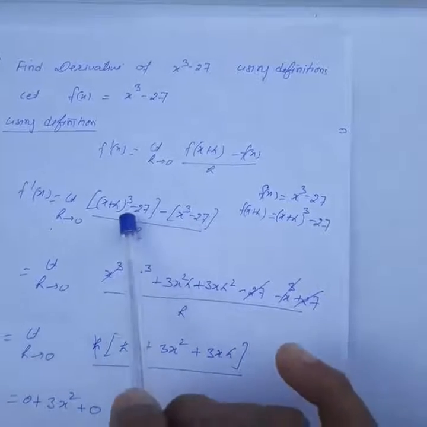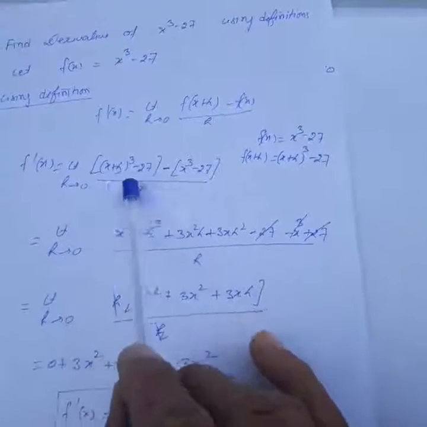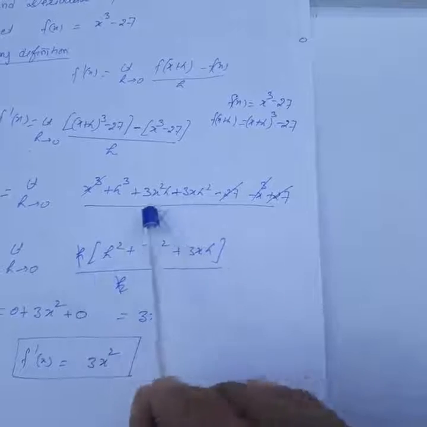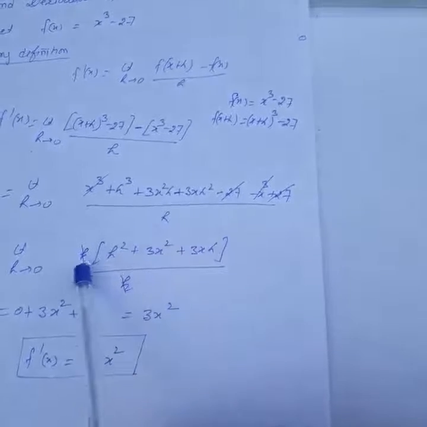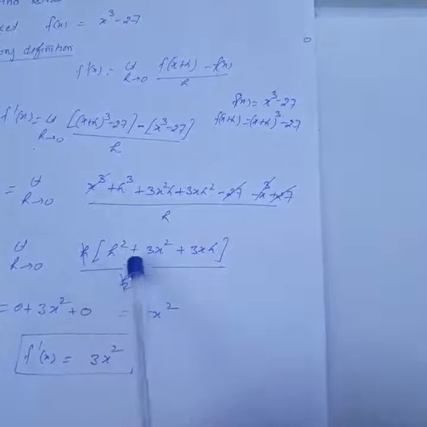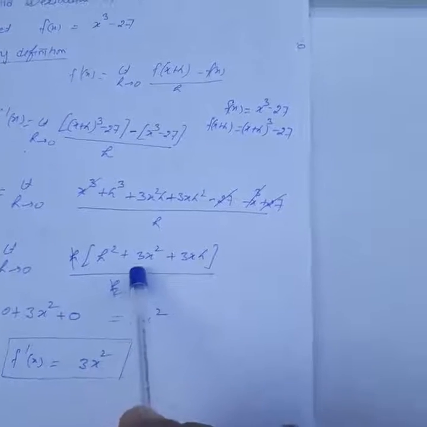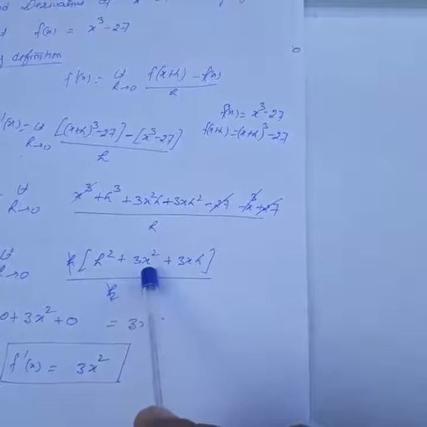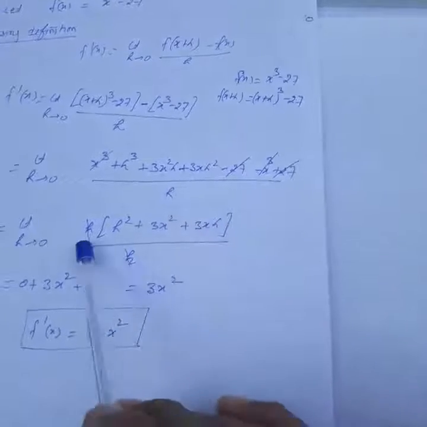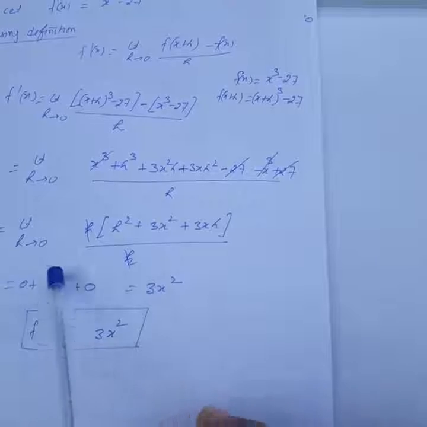You simplify this, expand it using identity, and cancel the terms. From the remaining terms, you will be able to take h common. After taking h common, we are left with h² + 3x² + 3xh. Now cancel this h and now put h = 0.